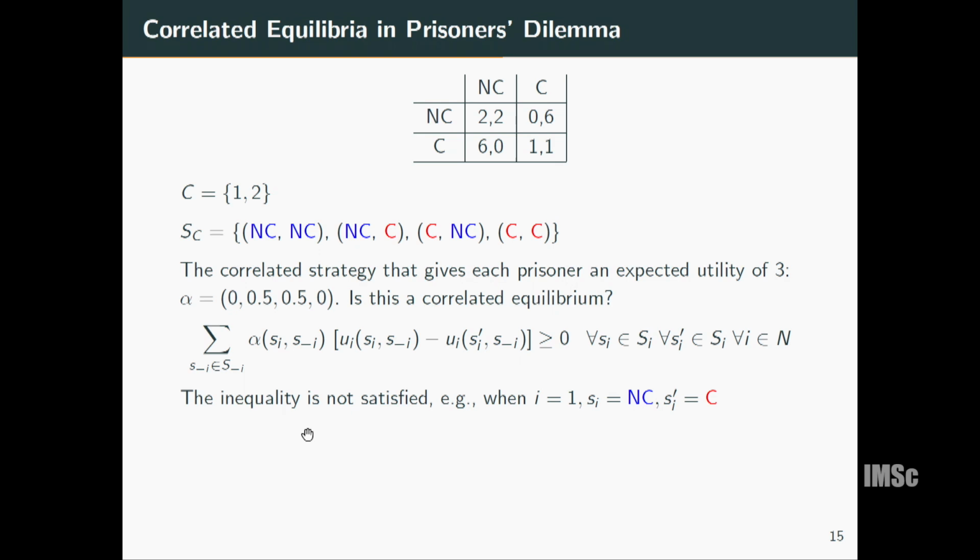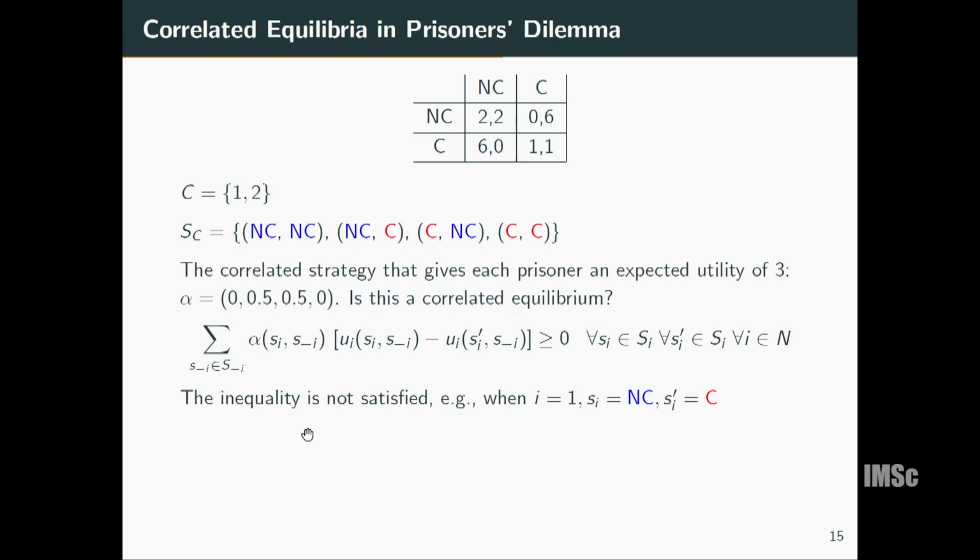We discussed these contracts, and one of the contracts we discussed was CS prime, which was giving the utility of 3, and we want to ask whether this particular thing is a correlated equilibria or not. Just to make you understand what correlated equilibria means, I want to find whether this inequality is satisfied. How do we do that? This is alpha_{S_i}, which is 0.5, and for the others it will be cancelled.